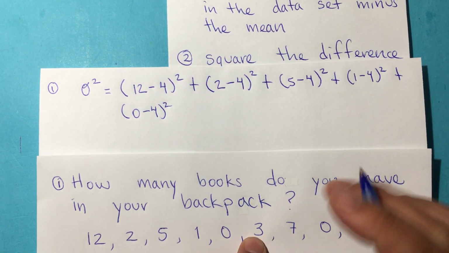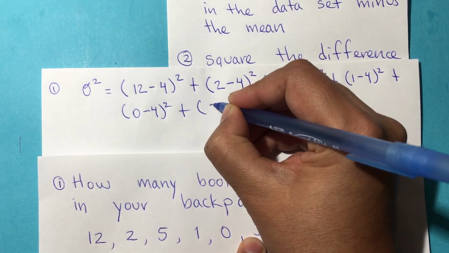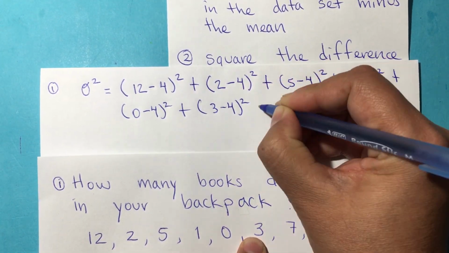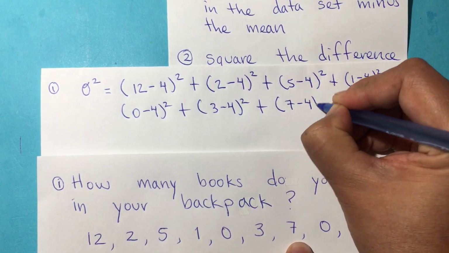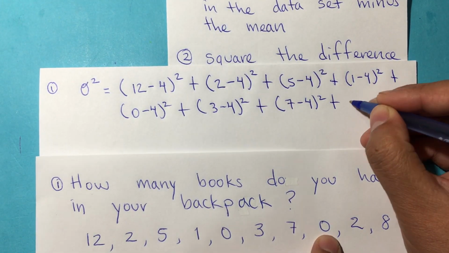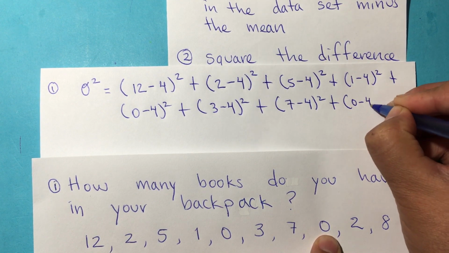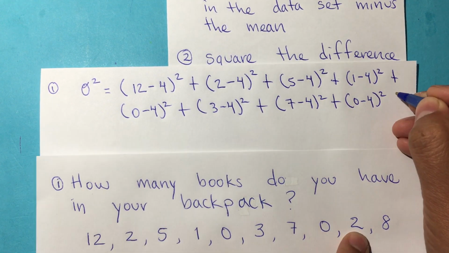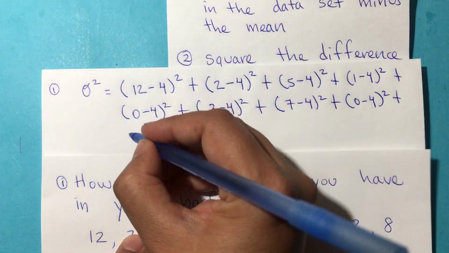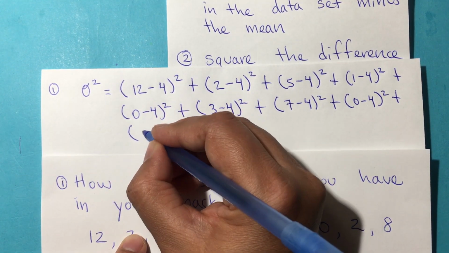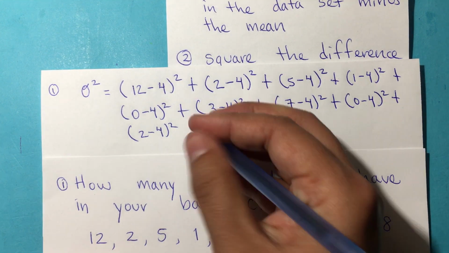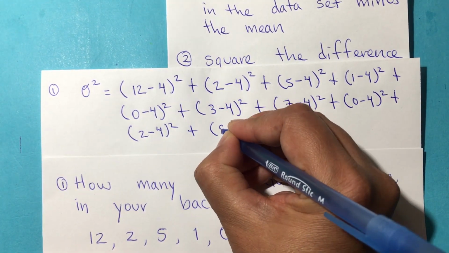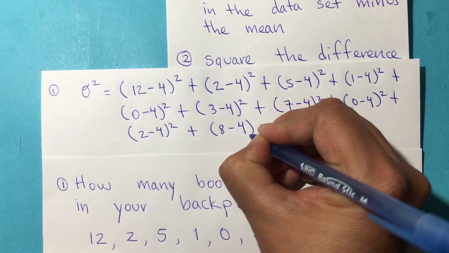The next one is 3. So plus 3 minus 4 squared plus 7 minus 4 squared plus 0 minus 4 squared plus 2 minus 4 squared, and finally plus 8 minus 4 squared.